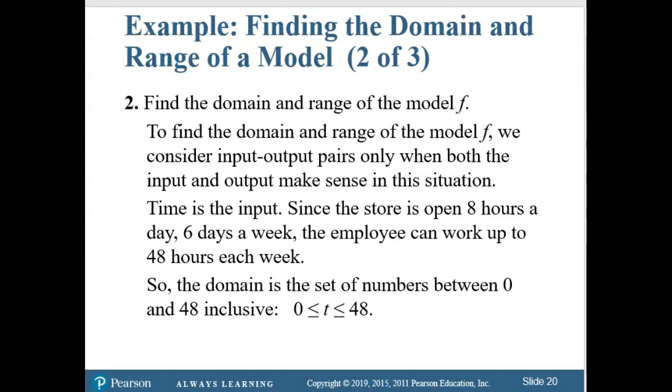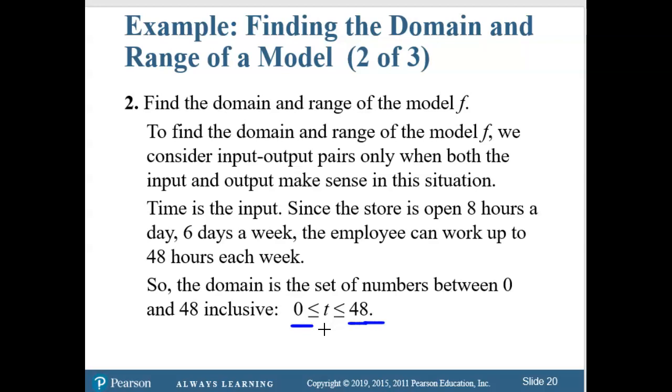Well, if t are hours that you can work, the minimum number that you could work would be 0, and the maximum number you could work would be every hour that the store is open. Every hour that the store is open is 48 hours. So we have 0 hours to 48 hours are the maximum times that we could possibly work.